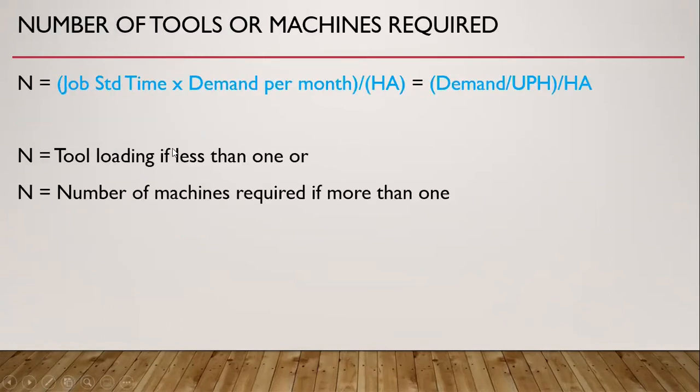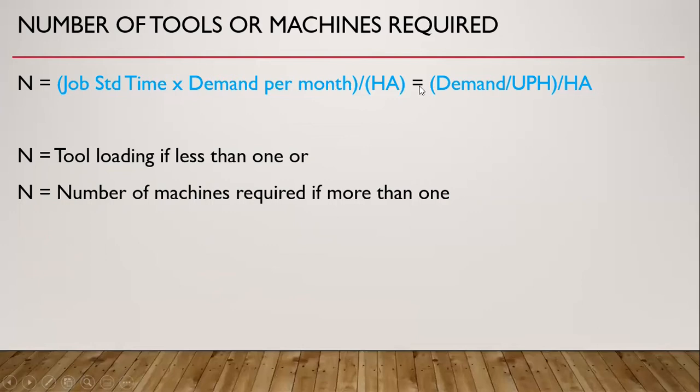Now let us see, using an example, how to calculate the machine requirement. So this is the formula for calculation of machine requirement. The numerator is job standard time multiplied by demand per month or per unit of time slot, and the denominator is HA or hours available.